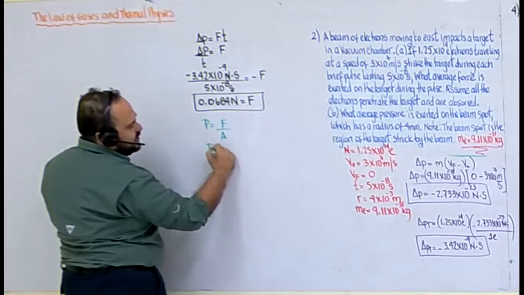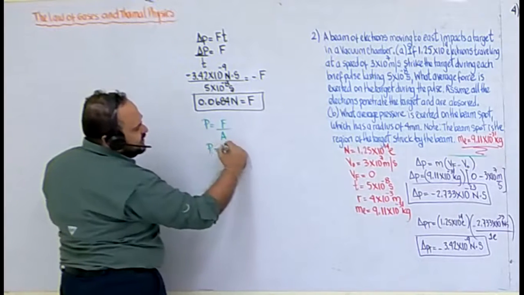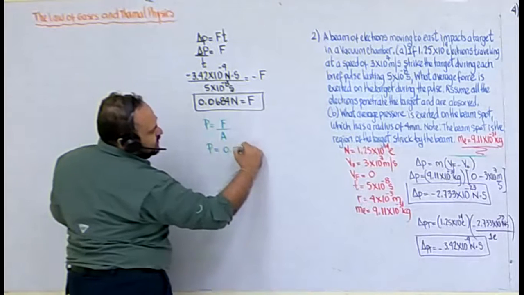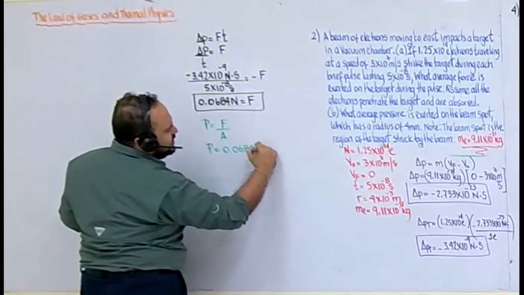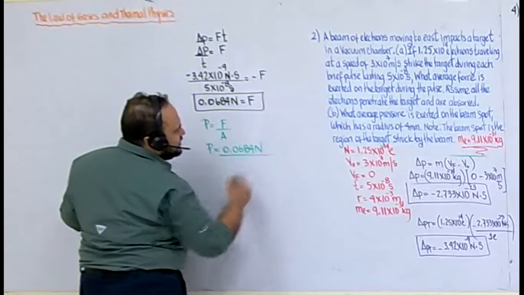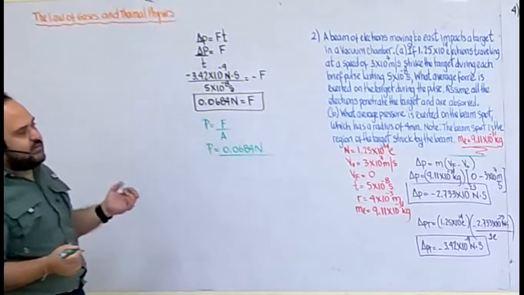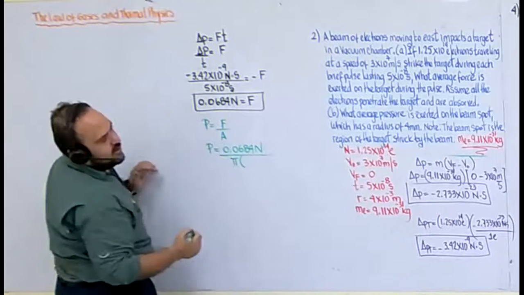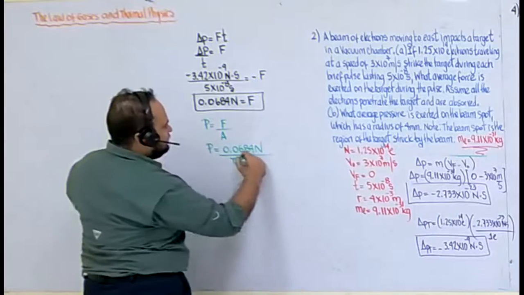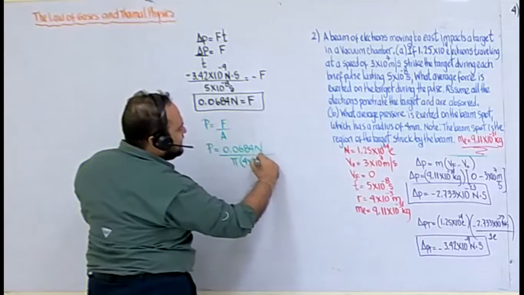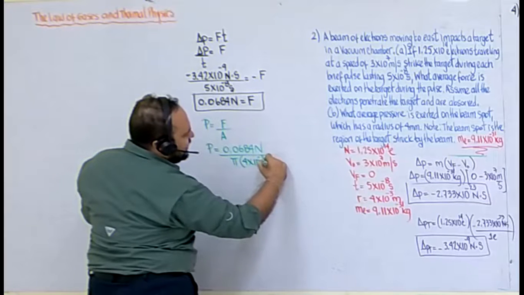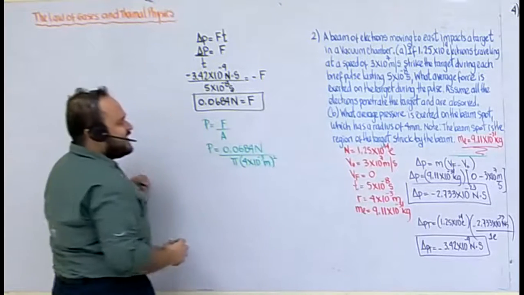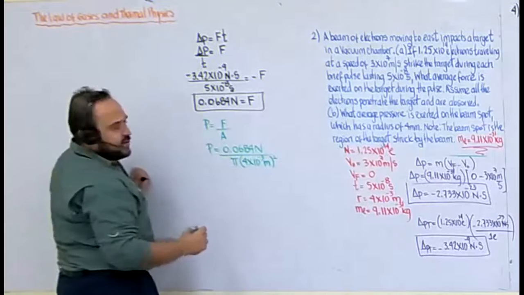So pressure will be given by force, 0.0684 newtons, divided by the area, which obviously will be the area of the circle, right? That will be pi times the radius squared. And the radius is 4 times 10 to the negative third power meters, squared.